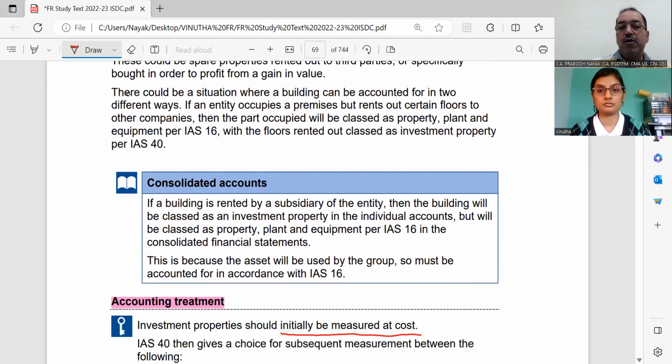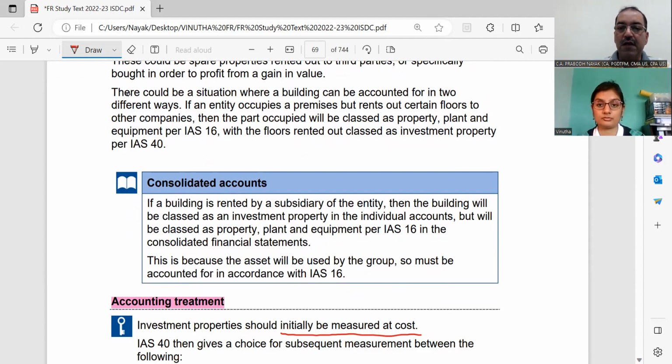There could be a situation where a building can be accounted for in two different ways. If an entity occupies a premise but rents out certain floors to other companies, then the part that is occupied will be classified as property, plant, and equipment as per IAS 16, and whatever is rented out is classified as investment property.